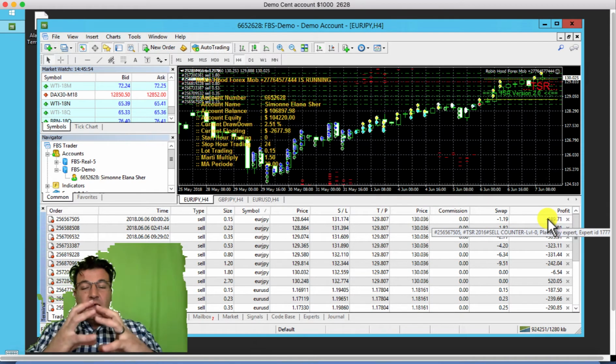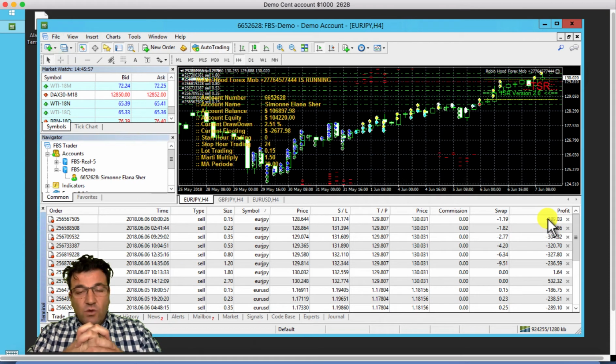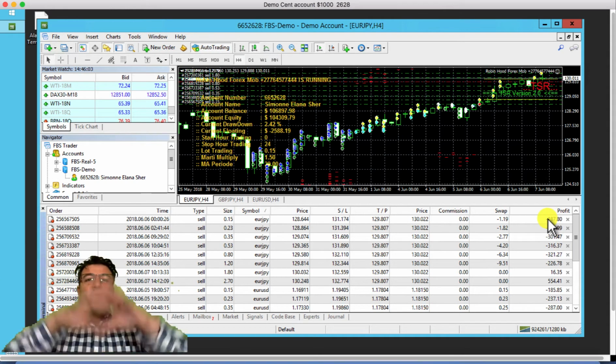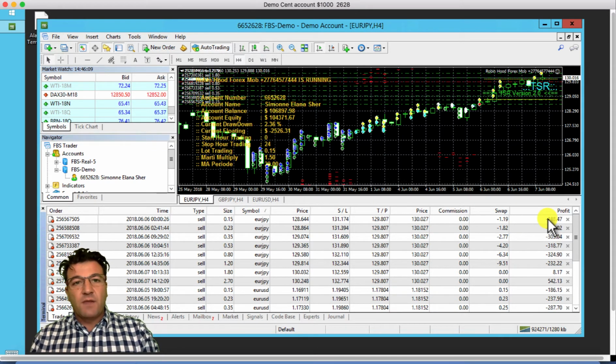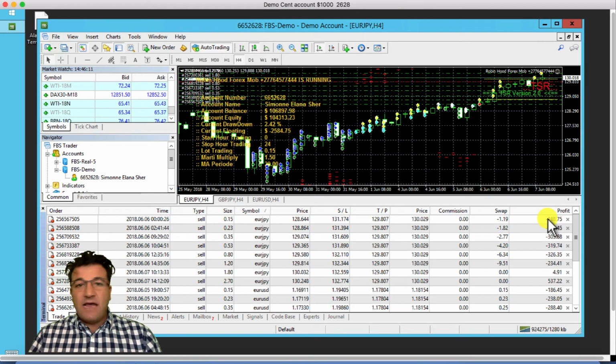So it basically locks all those currencies together, so that 2 or 3 will be in positive, the rest will be in negative, but overall your trade will end out with a positive in your balance. So I hope that explains how the bot works.